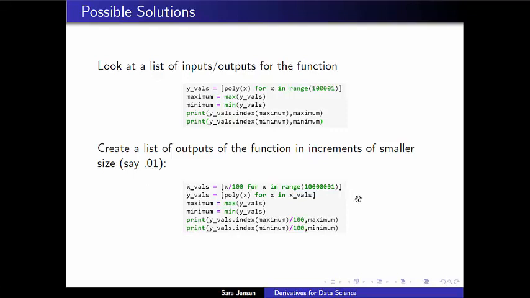This level of brute force computation for something that needs to be very accurate or has a very large input size is going to be a little bit too much for our computer to handle. So we'll have to be a little bit more clever than this, even though this is a really good first attempt.